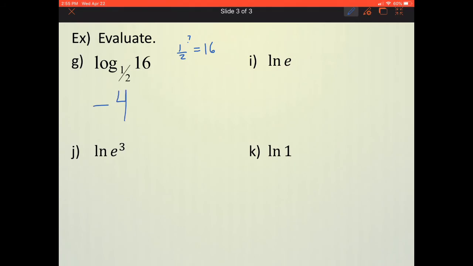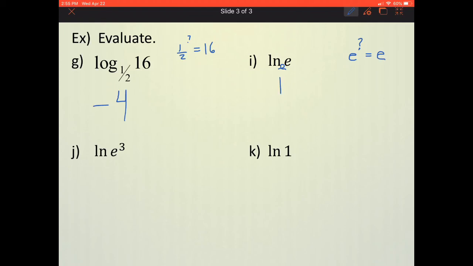All right, so now it looks like I've switched over to some natural log problems. So remember, natural log automatically has base e, always, no matter what. And if it helps, we can put a little e in there. So this problem is asking us, our base e to what power is e? Well, e to the 1st power would be e.